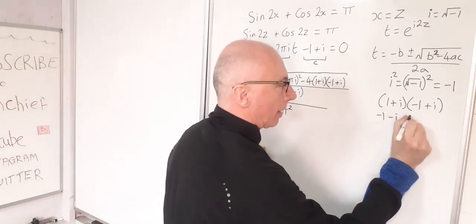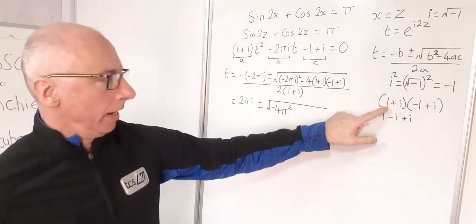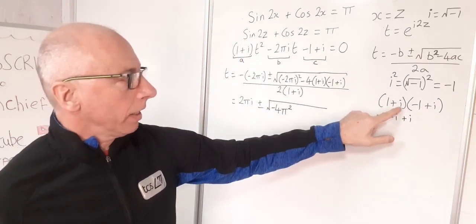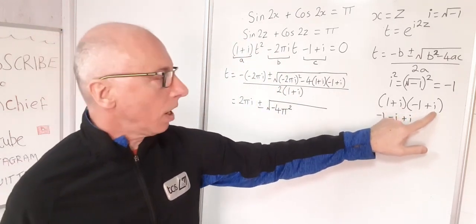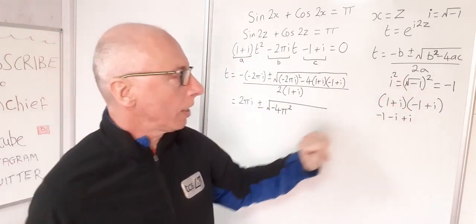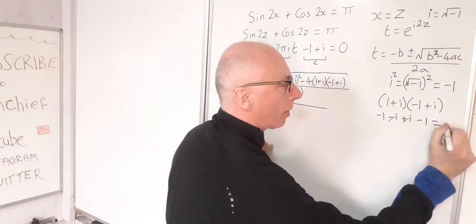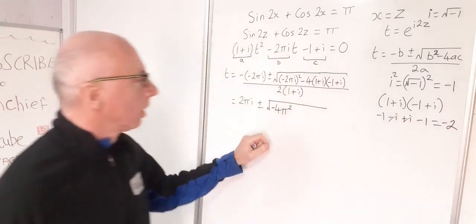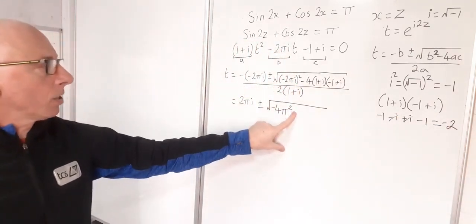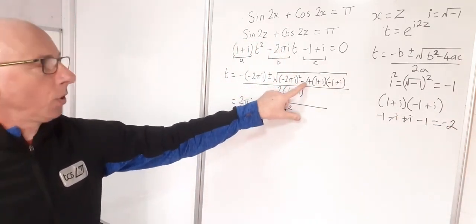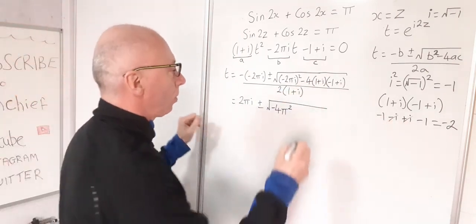So now we've got to add i. And then here we've got i times i, which is i squared, which is minus 1. So therefore this cancels out and I've got minus 2. So therefore I've got 4 pi squared times minus 4 times minus 2.